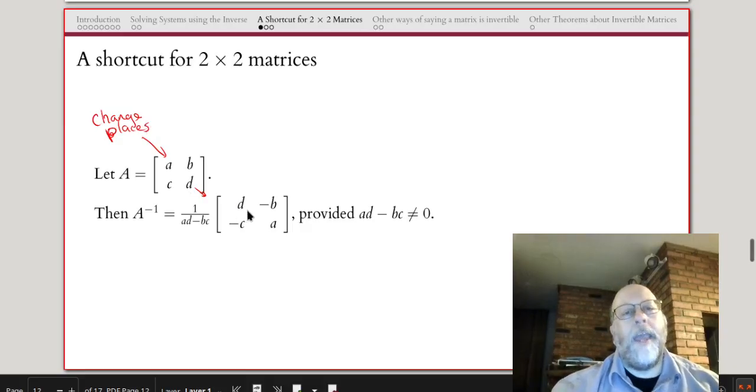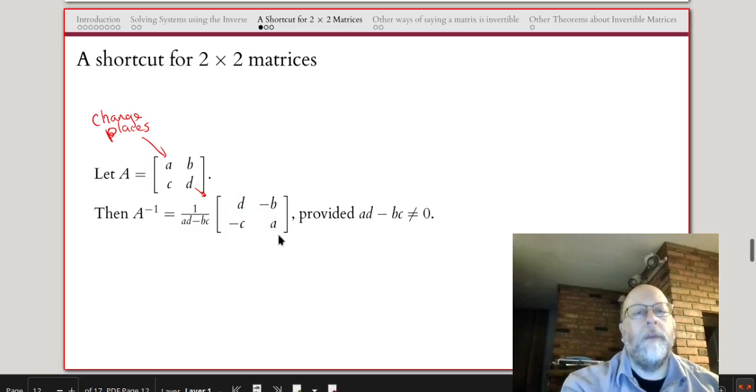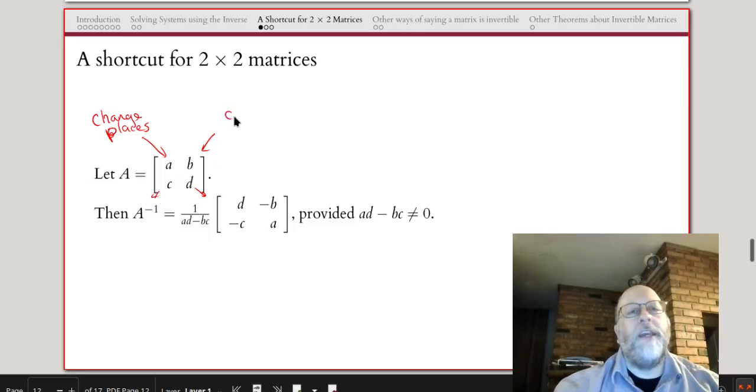So A goes down here and the D comes up here. So the A and D change places. On the other diagonal, the B and the C change signs. So B becomes negative B, C becomes negative C.